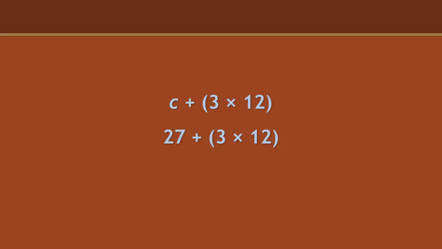And so we're going to add to that 27, 3 times 12. First we would do our operation that's inside the parentheses. So we multiply 3 times 12, and that would give us 36. Then we'd add 27 to that, and we would get a total of 63. That would be the answer to our word problem about the cookies. So we simply substituted a number for our variable. We used 27 for C.